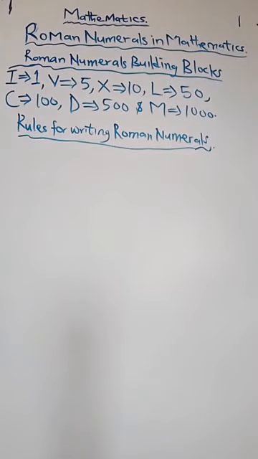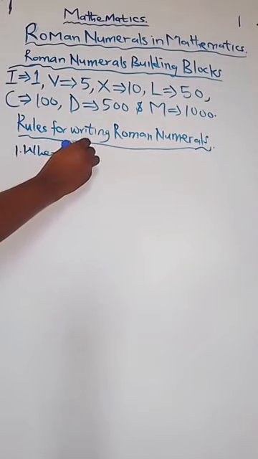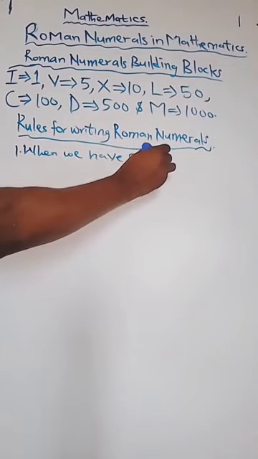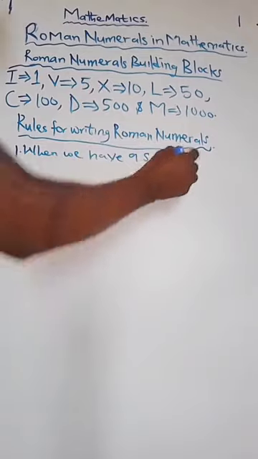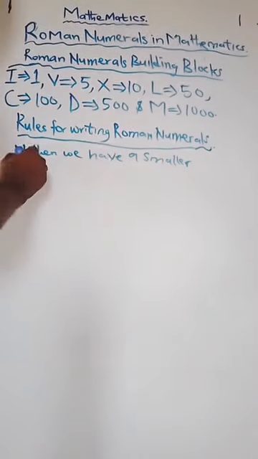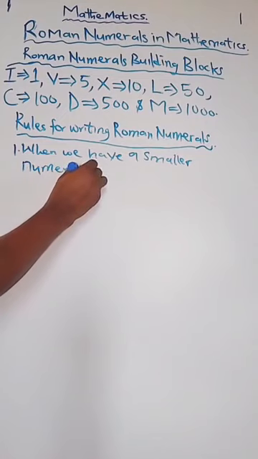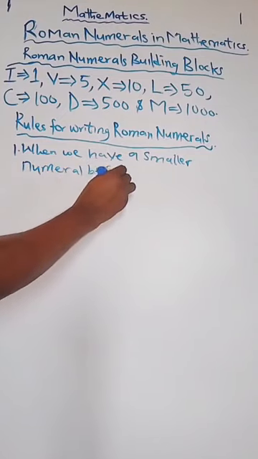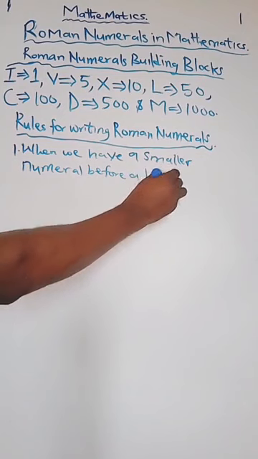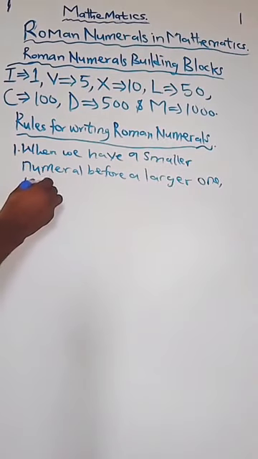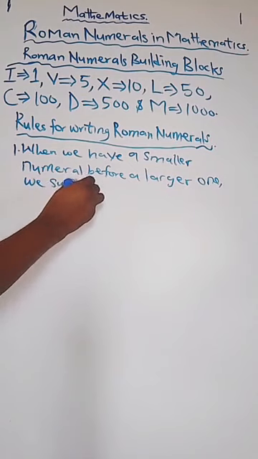Now, let's look at the first rule. When we have a smaller numeral before a larger one, then we subtract.